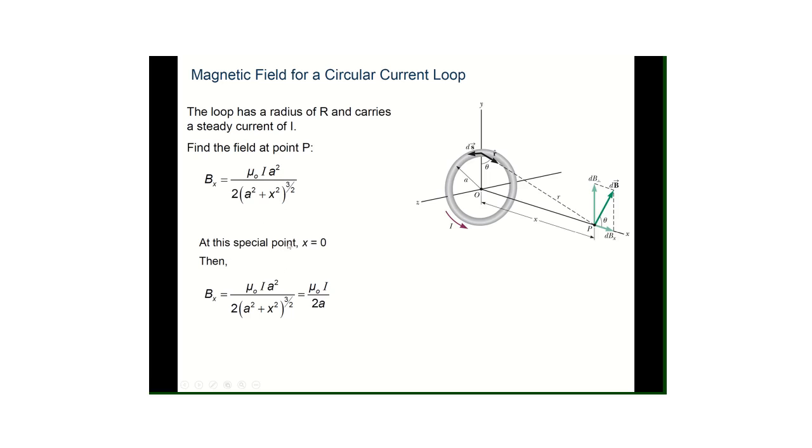And for the special case, if the x value is 0, means that I want to find the magnetic field at the center of the circular current loop, we can simplify the first equation to be μ0 I over 2a, because x here is equal to 0.